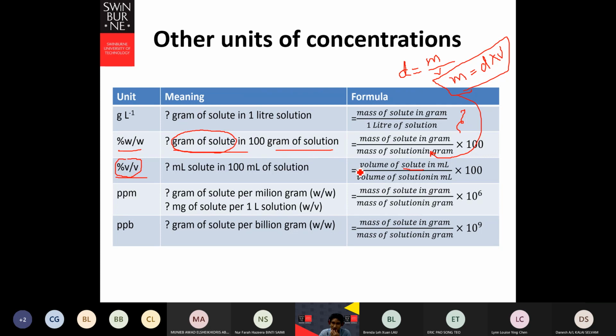Okay, before that, do we know what is solute, solvent, and solution? There are three things, right? Solute, solvent, and the solution. So let's say this is a beaker or a jar.